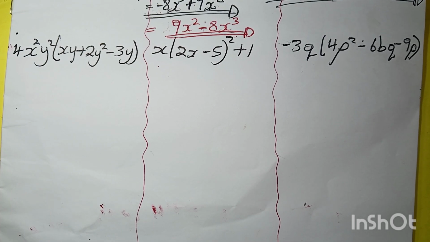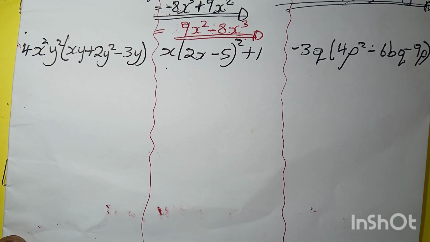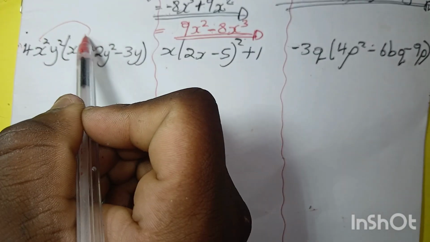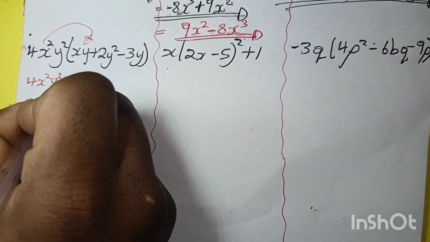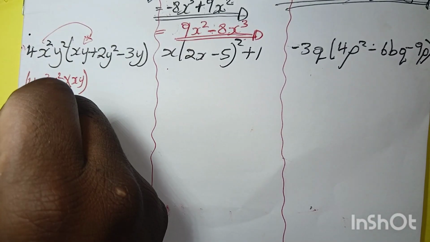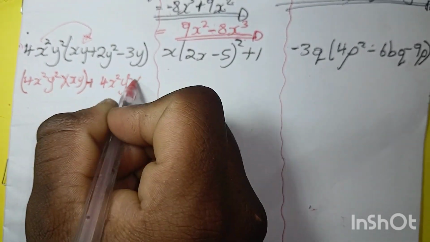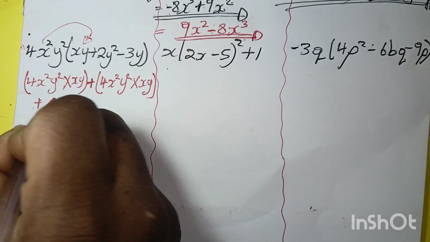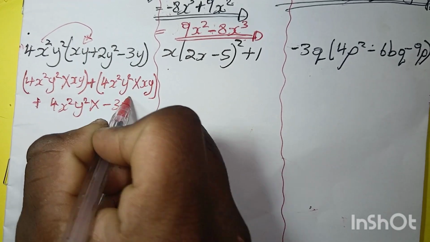So for this one, I will do that step because this one, they are kind of confusing, you know. Actually, they are not confusing. They seem to be confusing. Yeah. So this will multiply inside here. Like 4x squared y squared multiplied by xy, and plus 4x squared y squared multiplied by negative 3y.